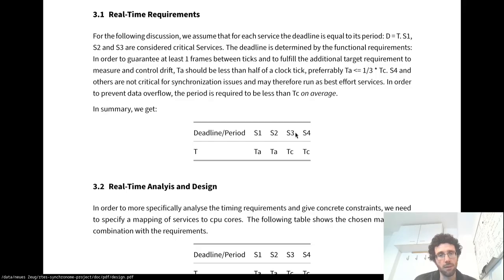Service 3 and 4 operate on the selected frames, and there's exactly one frame selected for each tick of the external clock. That means that on average their repetition interval is the clock tick interval.